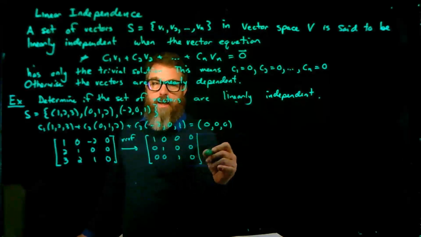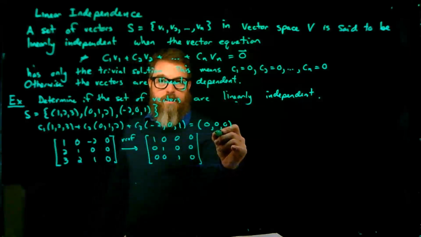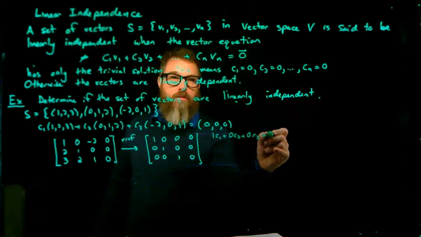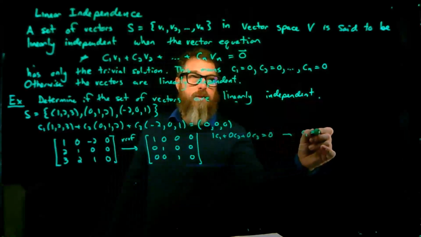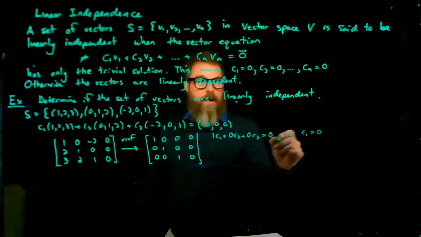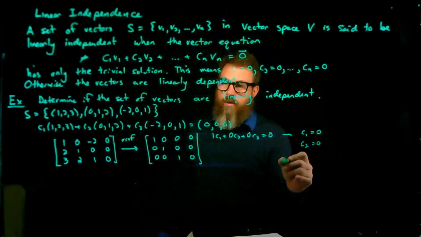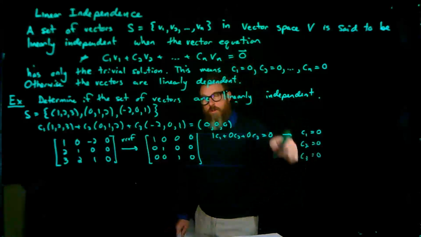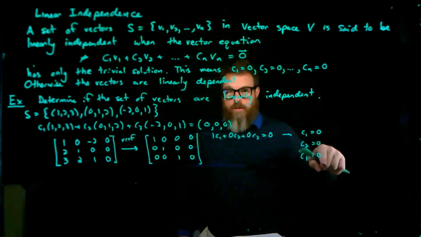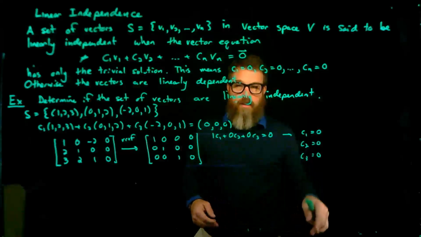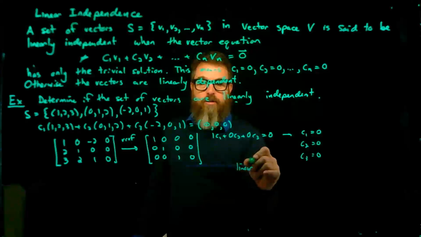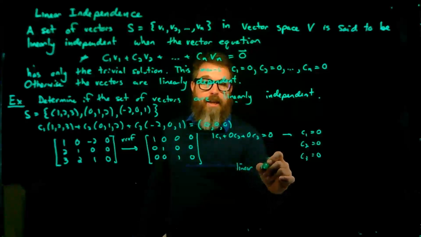And what this says is the top line says 1c1 plus 0c2 plus 0c3 is equal to 0, or just c1 is equal to 0. Very similar, the second line says c2 is equal to 0, and then the third line says c3 is equal to 0. Verifying that the only solutions here are just 0, 0, 0. So we'd say that these vectors, or this set S, is linearly independent.